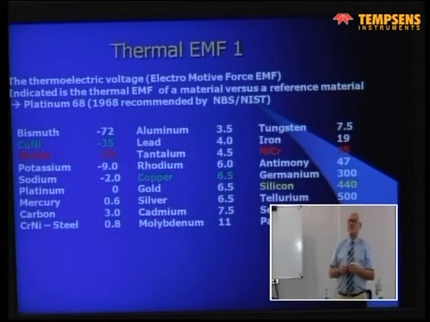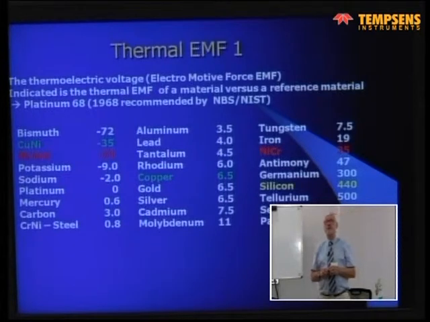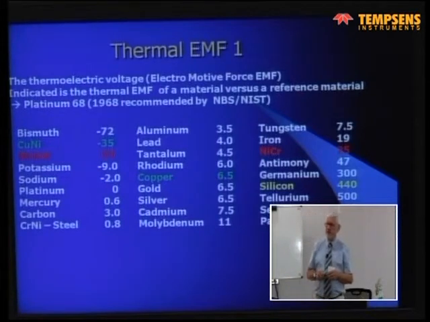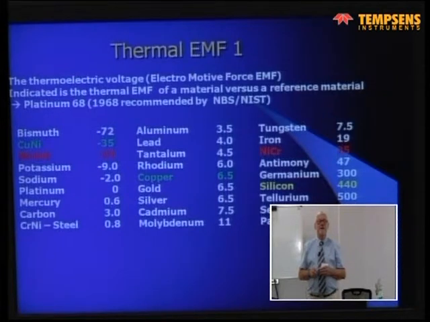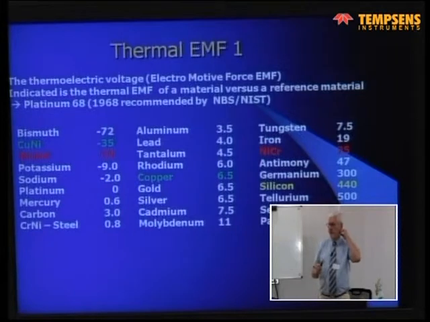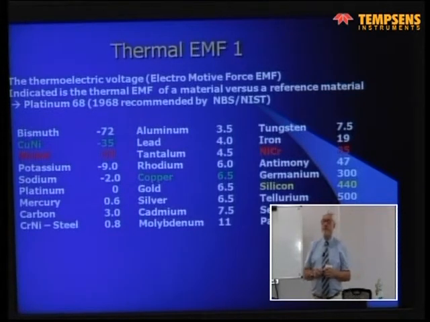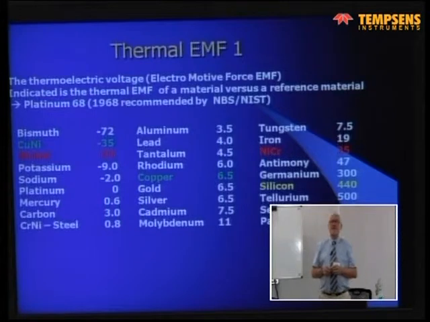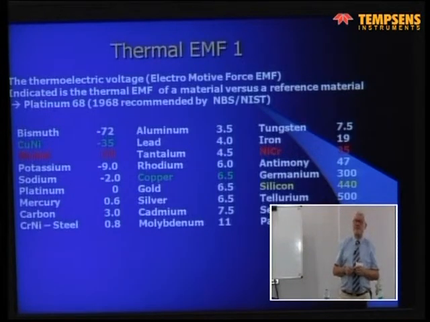Nickel chromium produces 25 microvolts, nickel produces 15, so 40 microvolts is approximately the average Seebeck coefficient for nickel chromium-nickel. You know, 1,000 degrees produces 41,240 microvolts. This is a matter of fact.